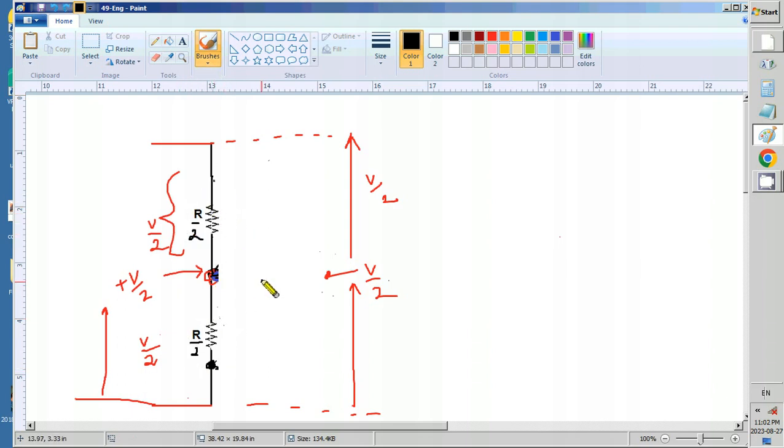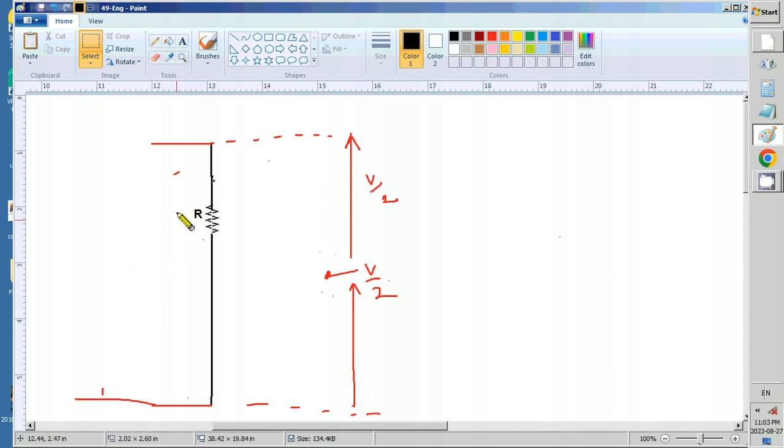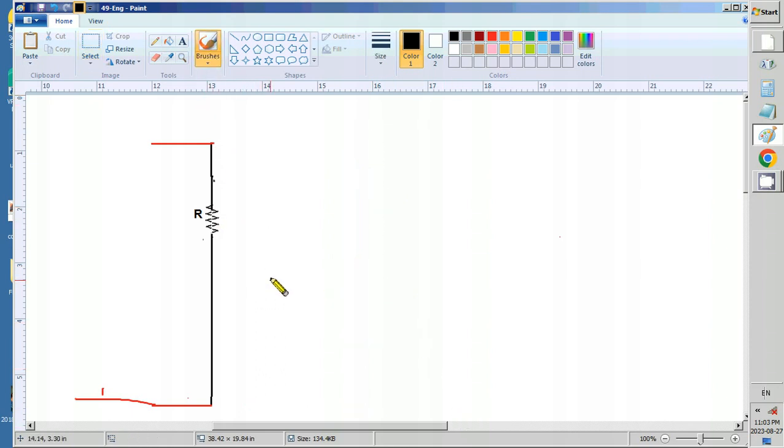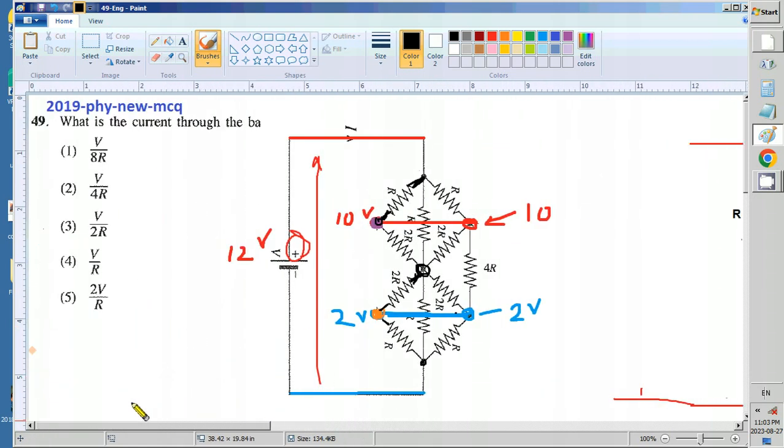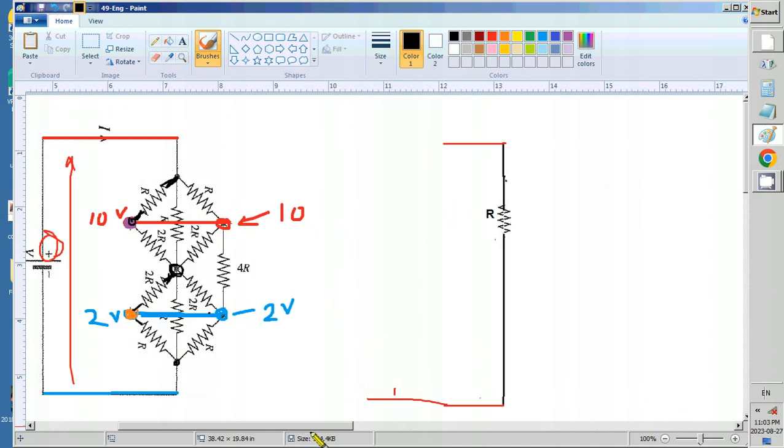Half R, full R. Then we can delete one of these resistors, and instead of that, only R. So the final resistance is R. Final equivalent resistance is R of all those big network.